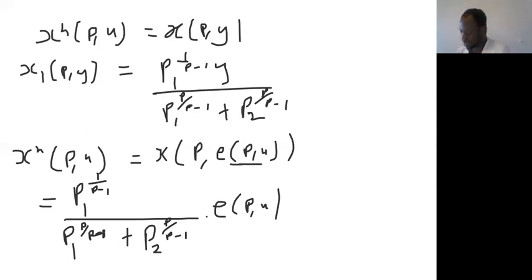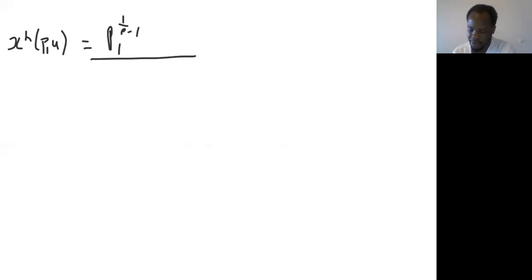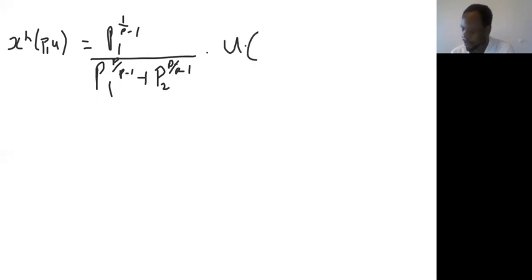So I'll write it again: x Hicksian as a function of p and u equals p1^(1/(φ-1)) all over p1^(φ/(φ-1)) plus p2^(φ/(φ-1)), multiplied by, instead of y, the expenditure function. The expenditure function is u multiplied by (p1^r + p2^r)^(1/r).